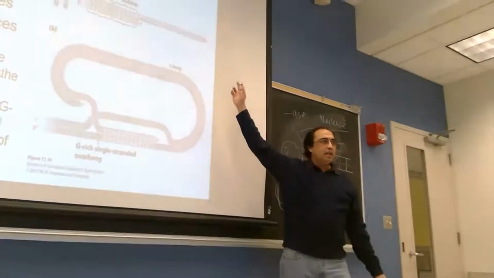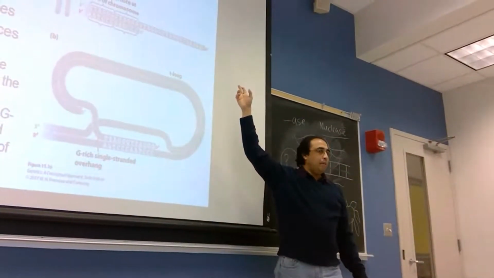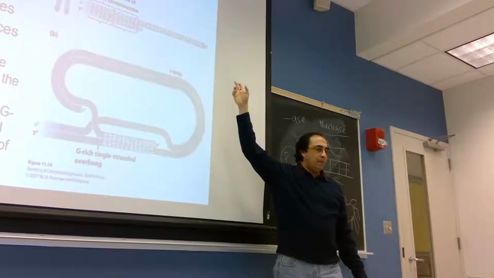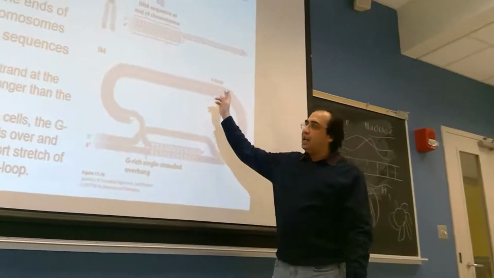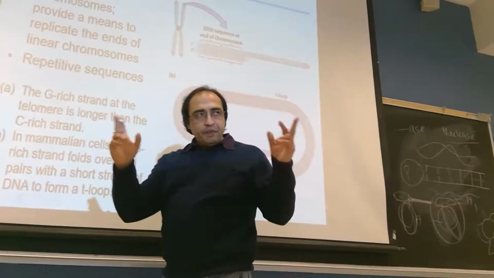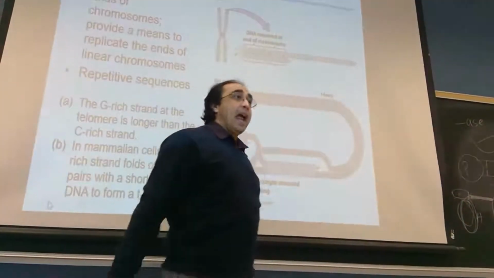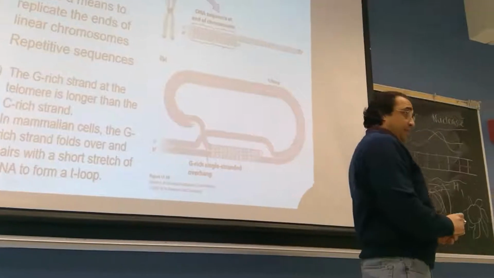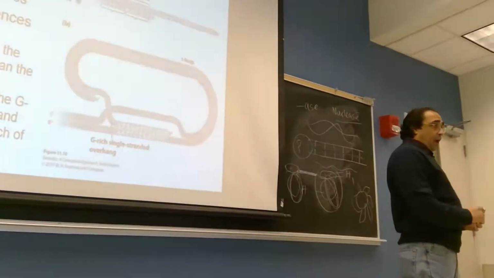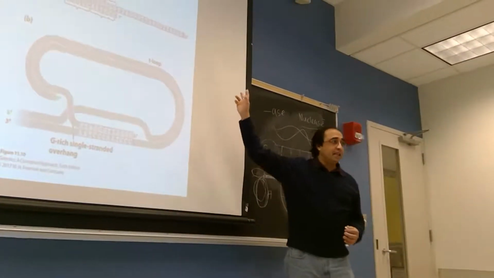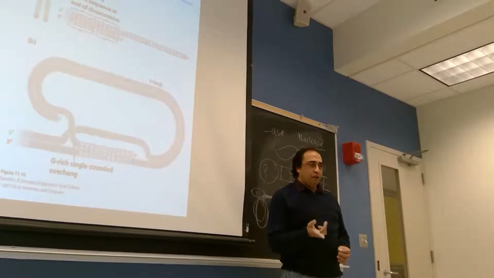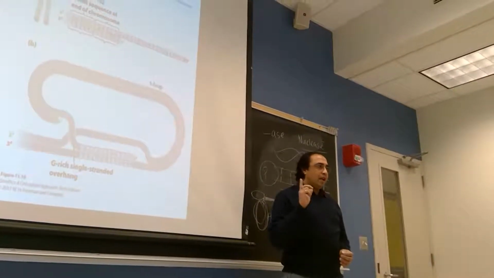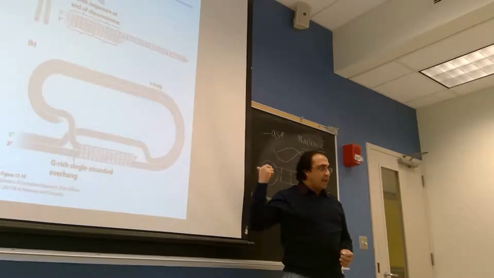In that part, DNA polymerase cannot attach because of highly repetitive sequences. They contain the same sequence again and again, possibly a million times. Due to this problem, DNA polymerase cannot replicate that part.